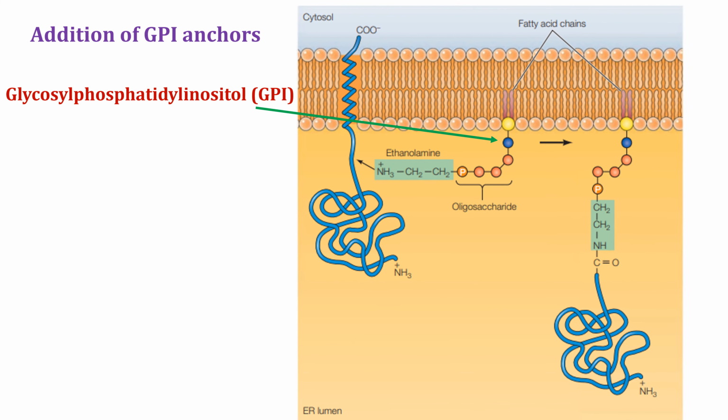Now the fifth one is the addition of GPI anchor. Some proteins are attached to the plasma membrane by glycolipids rather than by a membrane-spanning region of the polypeptide chain.